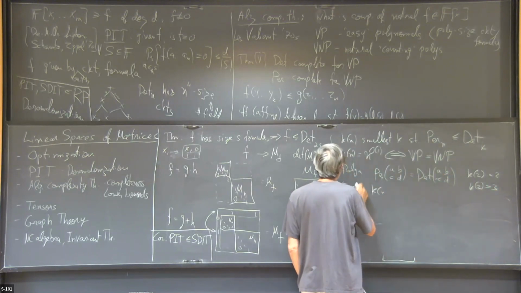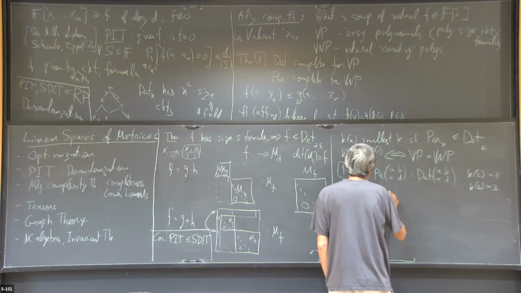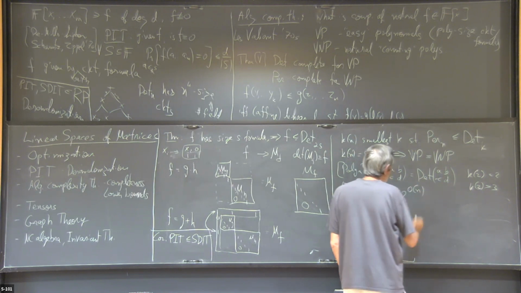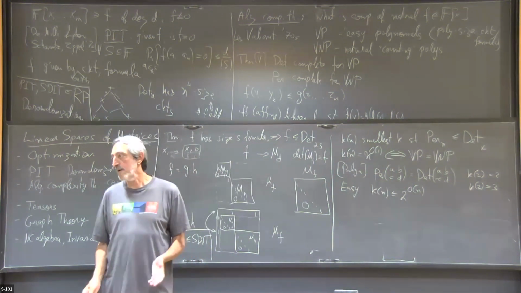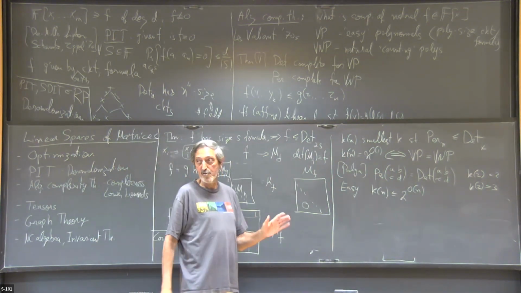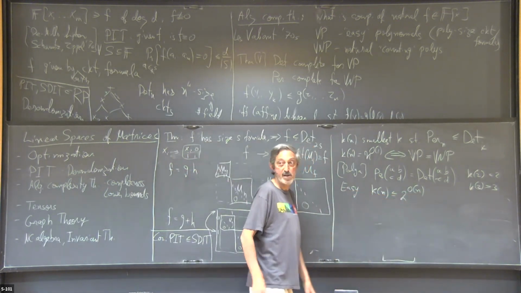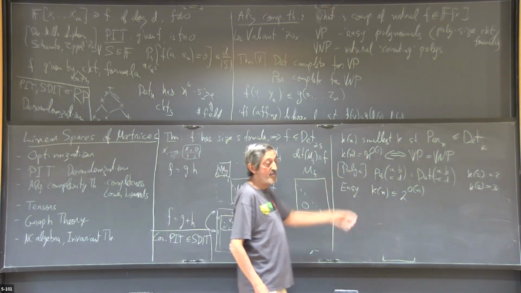K of n is at most exponential in n. The most obvious formula for permanent is n factorial, but let me give it as an exercise. It's a nice exercise to find formulas for the permanent that are just exponential. Anyway, so we know exponential, we want polynomial, we don't know the bound.